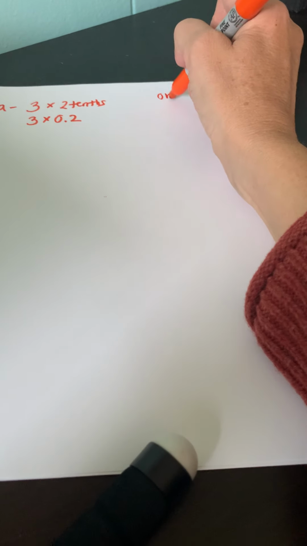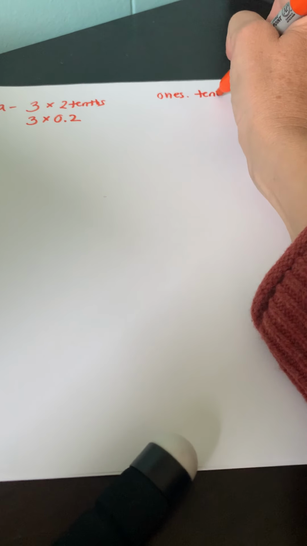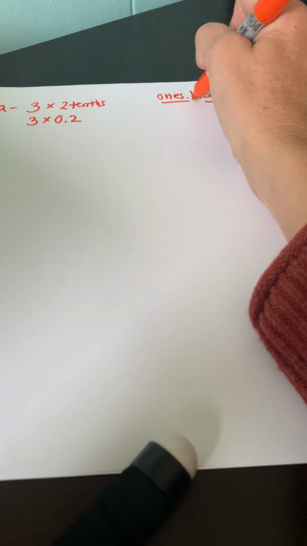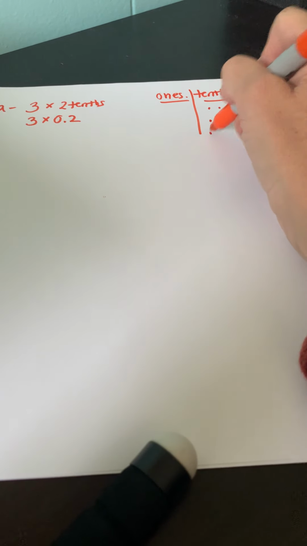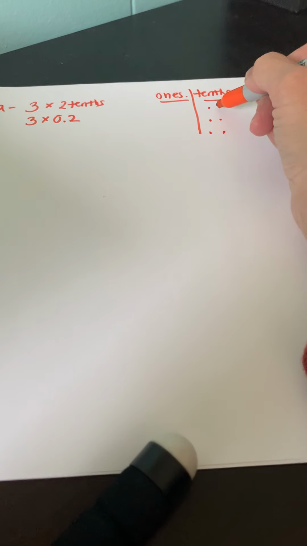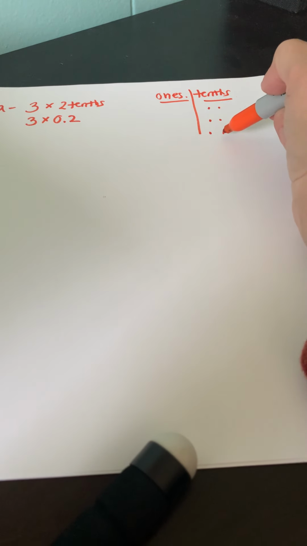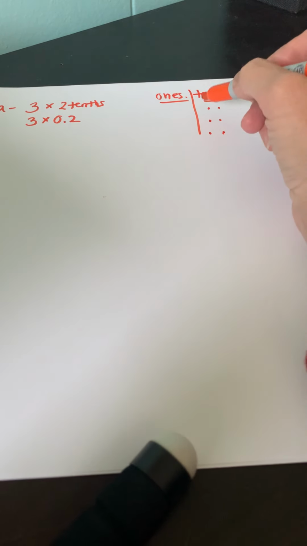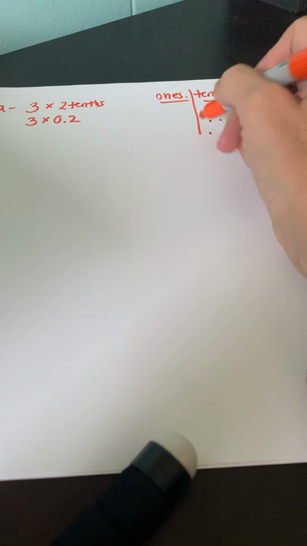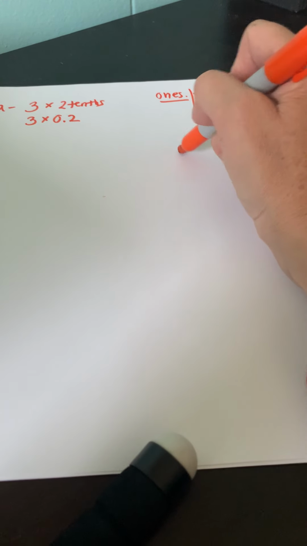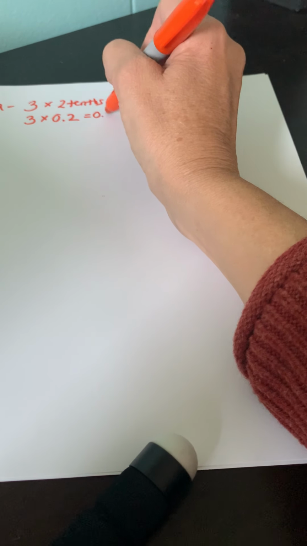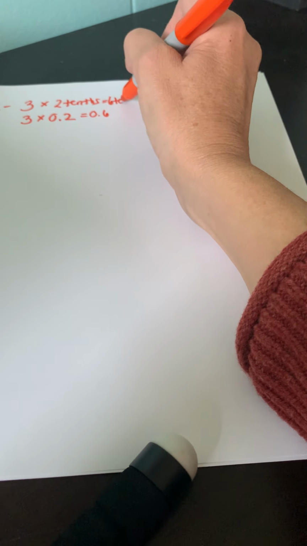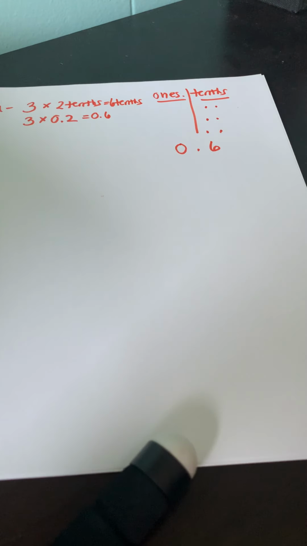I can use my place value chart like this, which would give me 2 tenths, 2 tenths, 2 tenths, 3 copies. There's 1 copy of 2 tenths, 2 copies of 2 tenths, 3 copies of 2 tenths. When I copied that three times, I have 6 tenths. 3 times 2 tenths equals 6 tenths, or you could have written 6 tenths to get that correct.